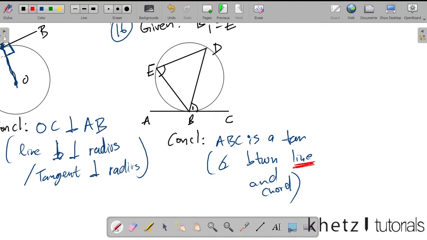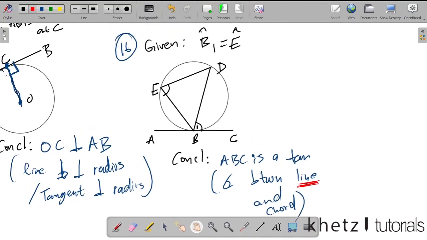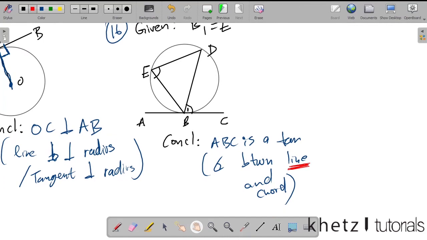In this case, we're given that B1 is equal to E, and we concluded that ABC is therefore a tangent. But in our reason, we didn't talk about the tangent. We only said B1 is an angle found between a line and a chord, and that line refers to our tangent, which we now concluded to be true, right?